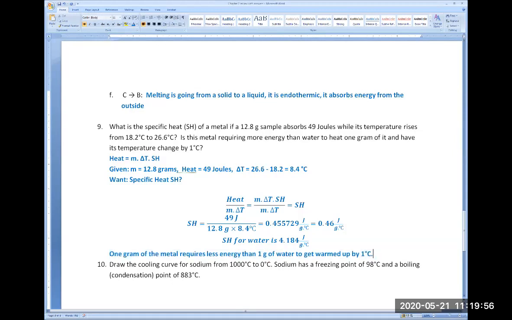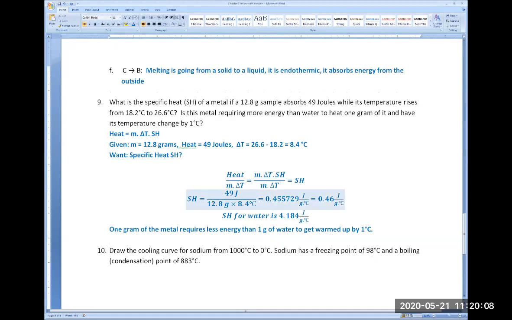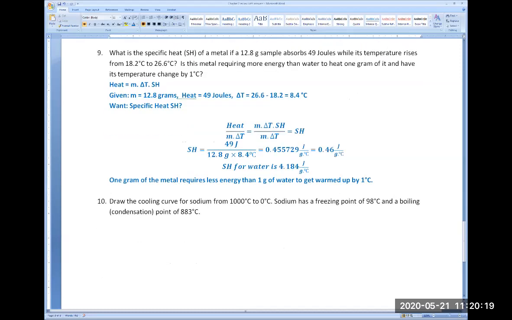And so metals, which are known to be good heat conductors, will be easier. They will require much less energy than water to get warmed up. So that's what specific heat tells you. It gives you an idea of how much heat you need to warm up a piece of that substance. Okay, time is flying.